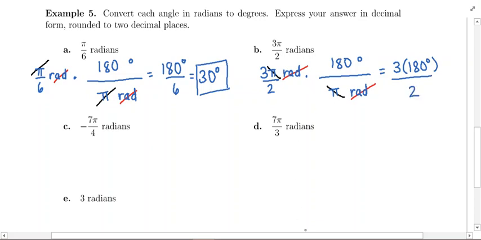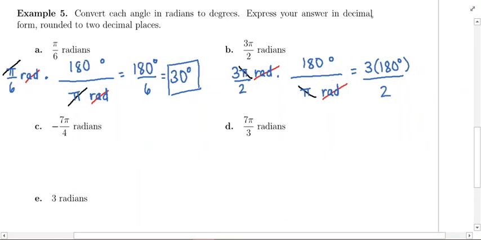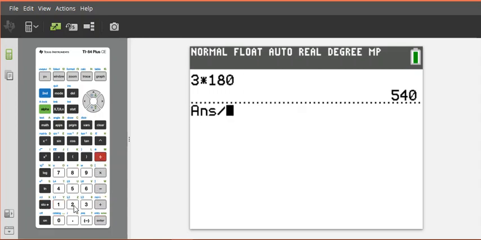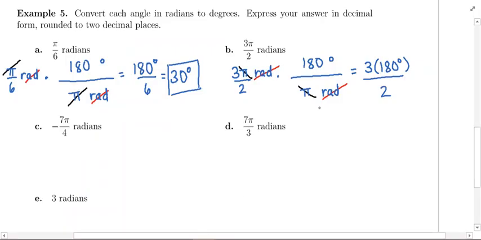We can pop that in the calculator. We are going to end up with 3 times 180, so that's 540 divided by 2. So we will get 270 degrees. So the answer is exactly 270 degrees.